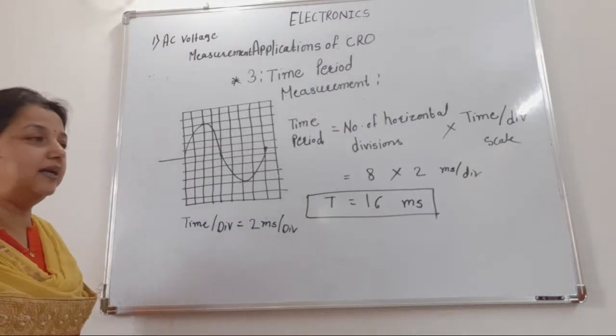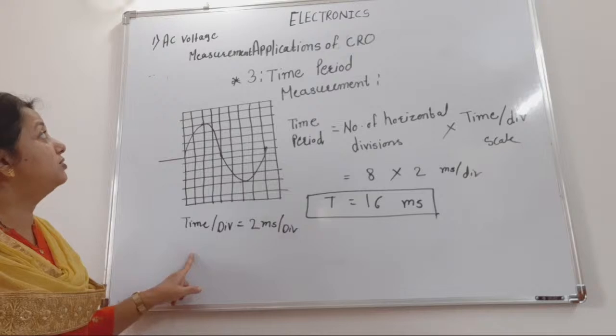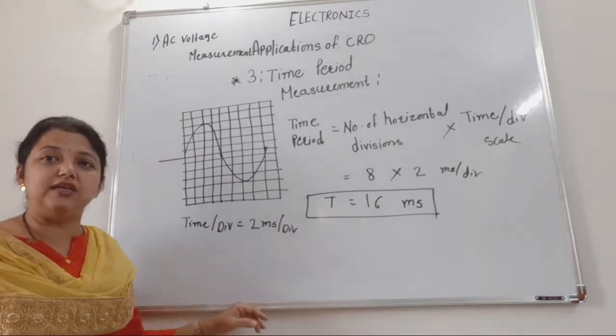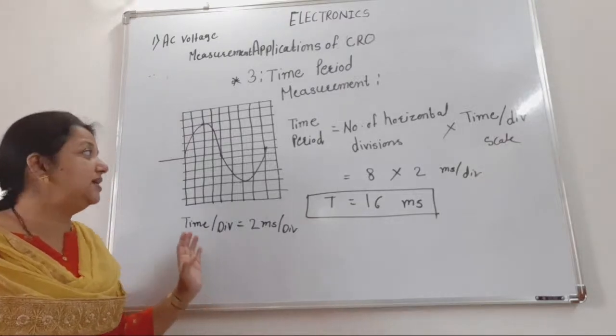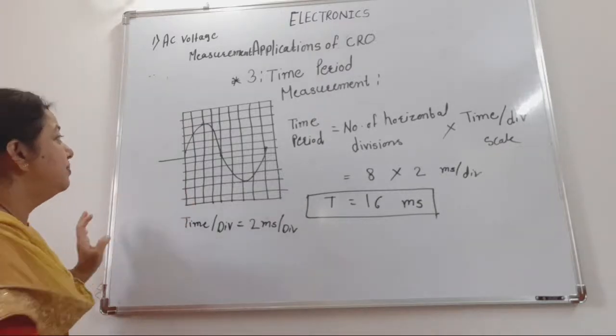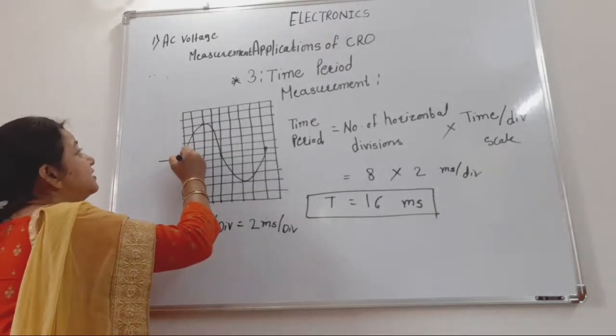Do you understand? Suppose the exam question is like that, explain time period measurement by using CRO. At that time you consider any example, not necessary to draw the sine wave like this only. You may consider the sine wave like this.